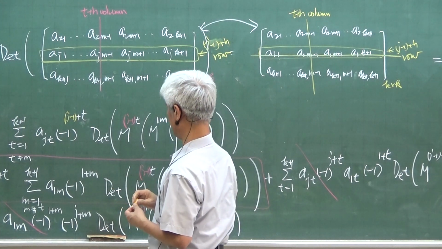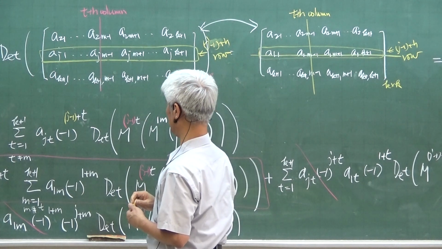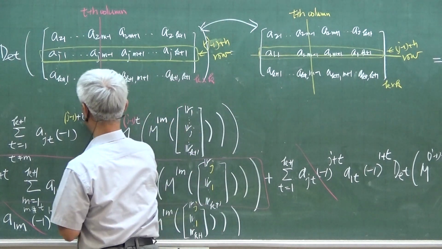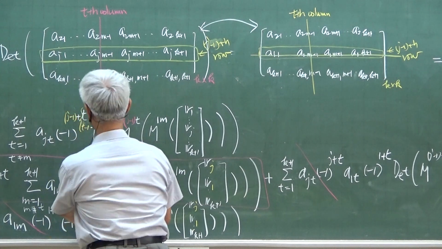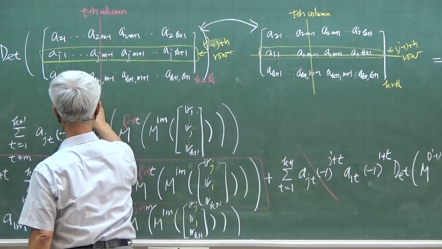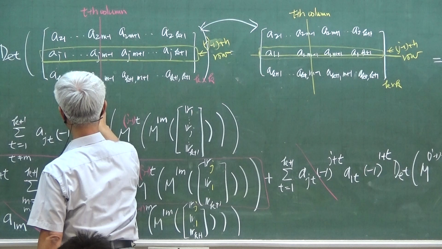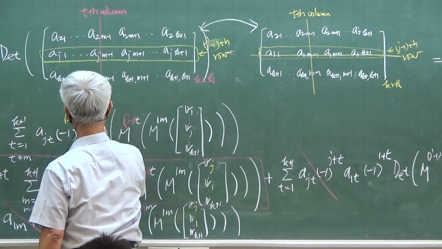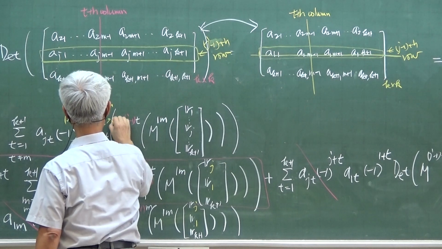So this is t if t is less than m, but t minus 1 if t is greater than m.